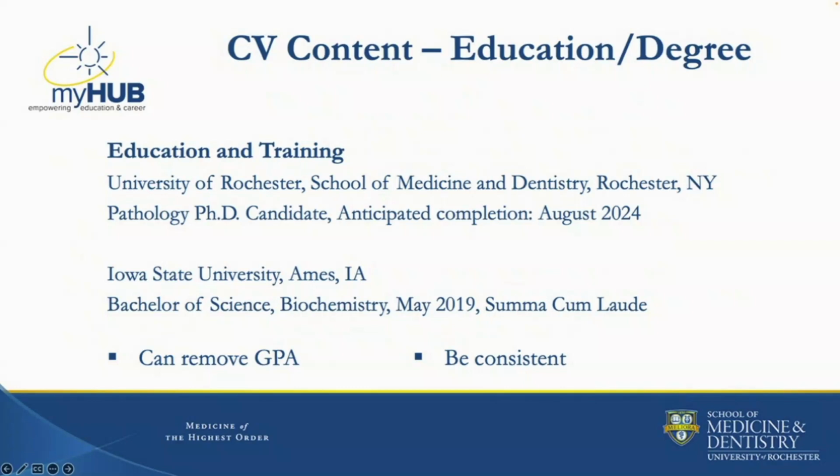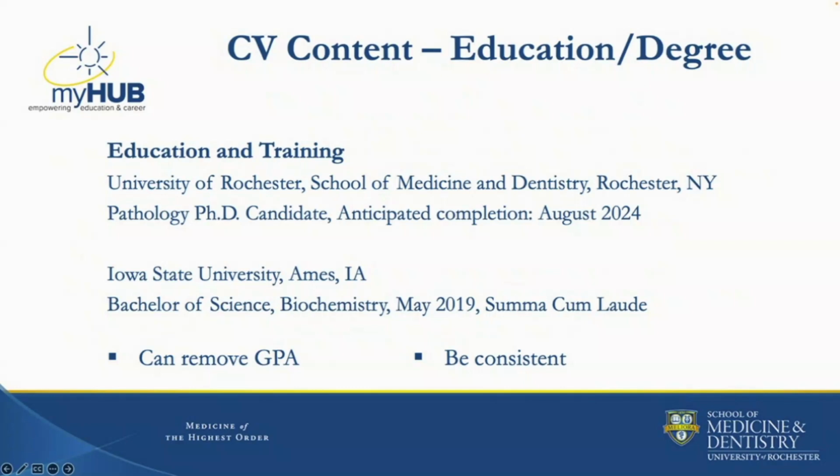And you can also put an anticipated completion date. For this example, we put August of 2024. It's important that you use the word anticipated because you don't have your degree yet, and you're anticipating that you will get it by that date. But that could change based on potential changes within your research plan. So that way it gives them a nice estimate.